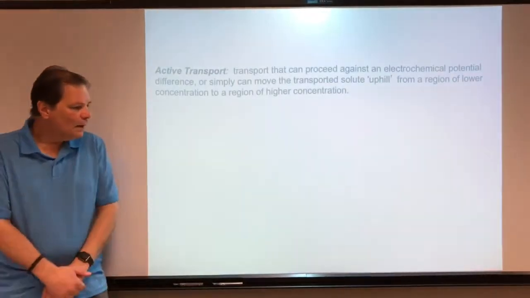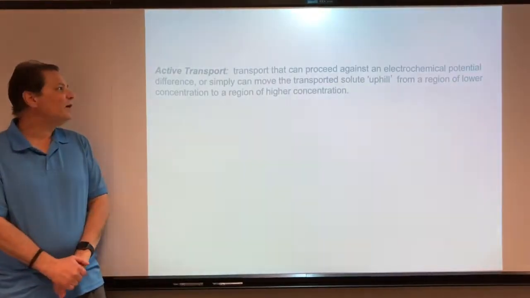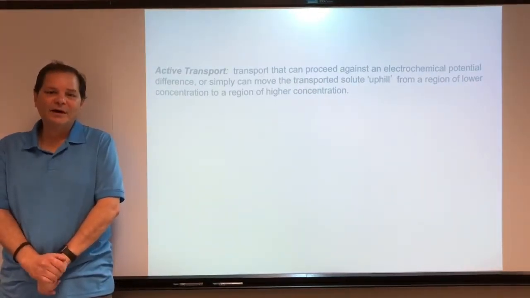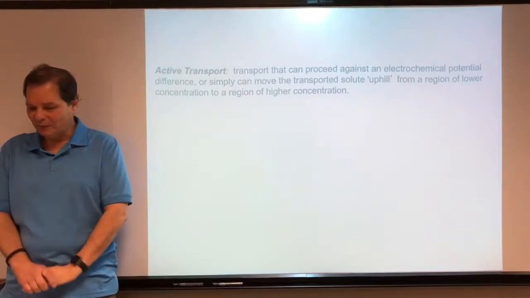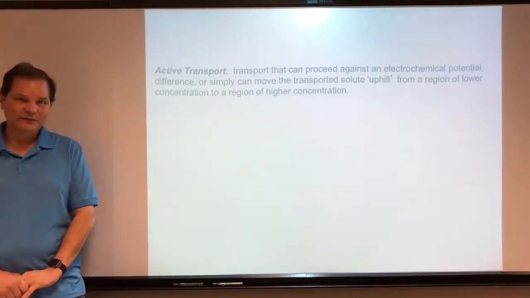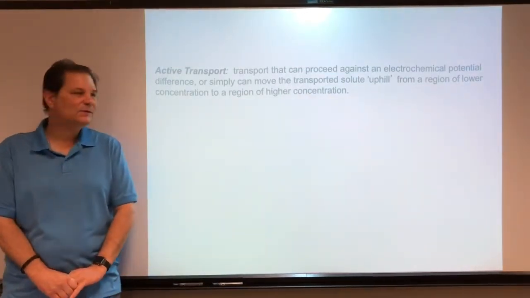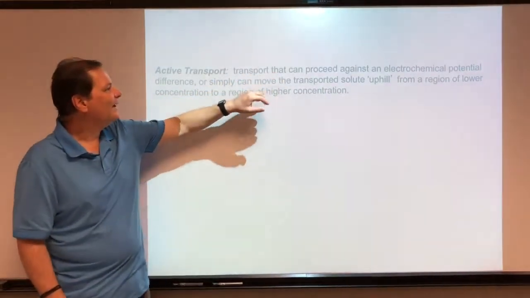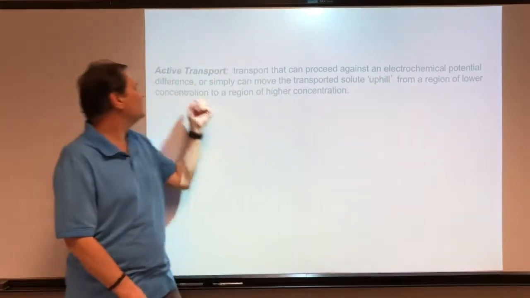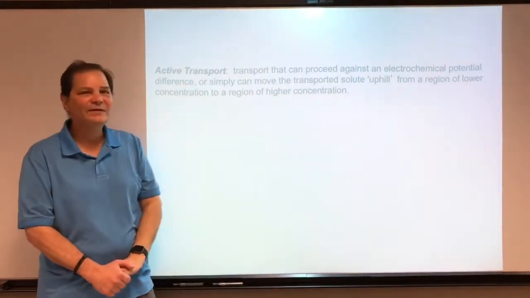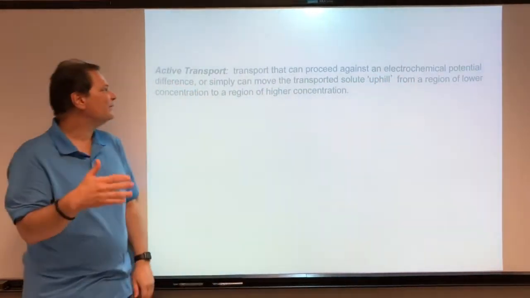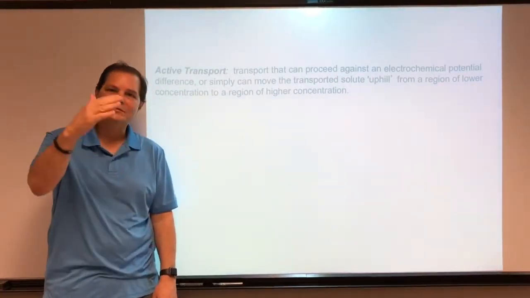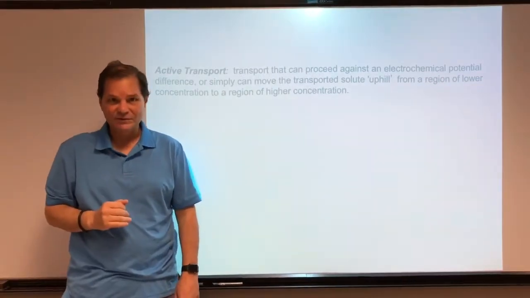Okay, so let's talk a little bit about the other type of transport. In this case, we're talking about active transport. So this would not be facilitated diffusion. This is different. Active transport takes place against an electrochemical potential difference. And what that means is that transporters that exhibit active transport can move molecules from low concentration to high concentration.